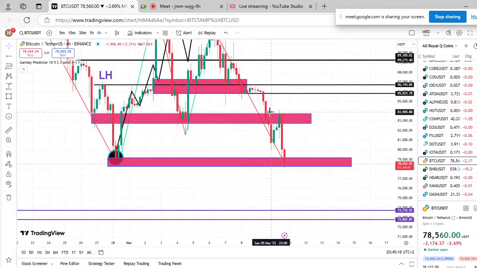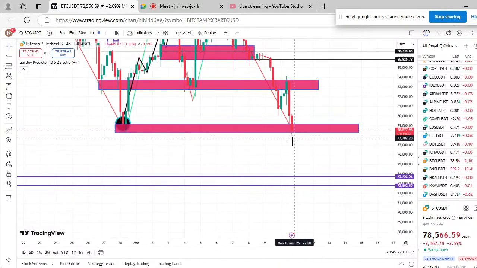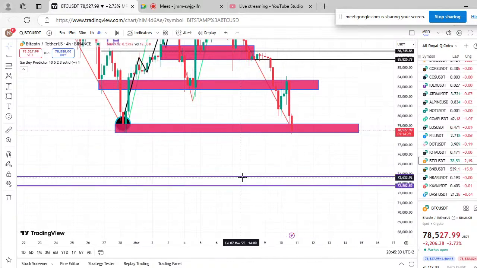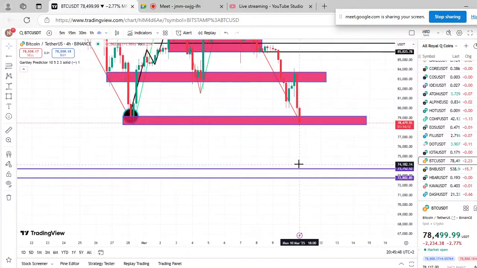Now you can see we passed through this point. It was our support, and now we are at this point. If we break this point and keep below it, automatically we are going to look at 73. The Bitcoin will drop to 73 if we keep below this support.